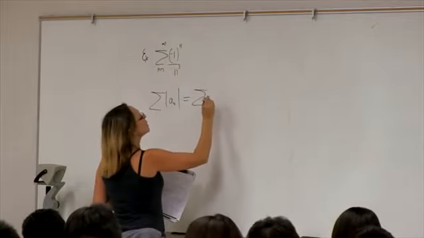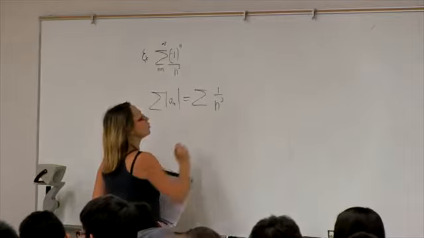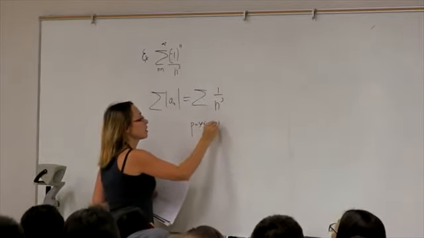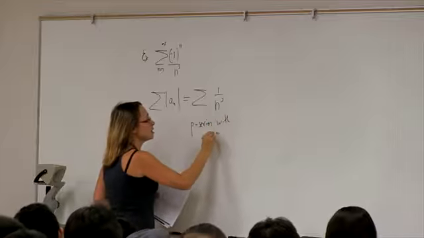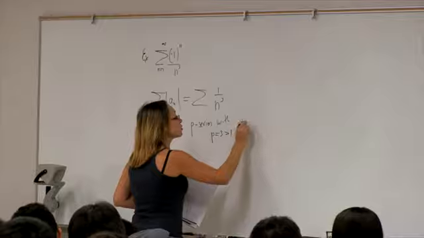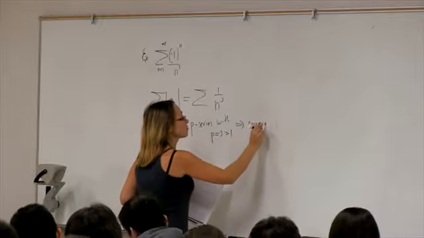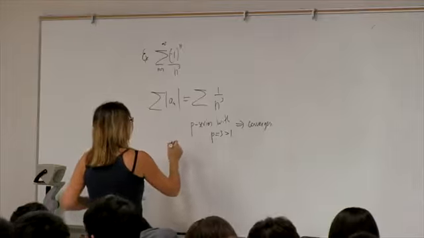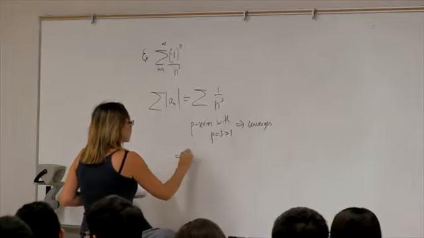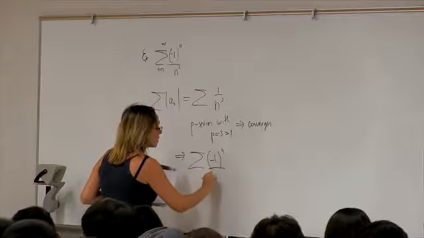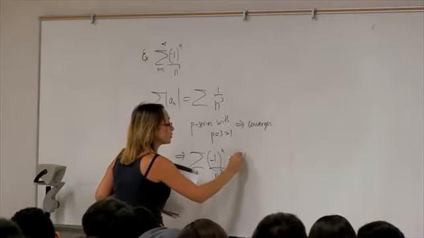This becomes 1 over n cubed, and this is a p-series with p equals 3, which is greater than 1. So this converges. So we can conclude that the given series, with n cubed, is absolutely convergent.